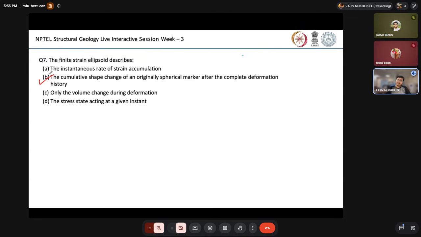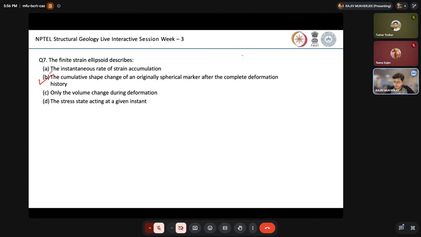It is not the instantaneous thing that changes every second. That's not the finite strain ellipsoid. That thing will be the progressive strain ellipsoid that is changing in each and every second. So obviously the finite strain ellipsoid will describe the cumulative shape change of an originally spherical marker.